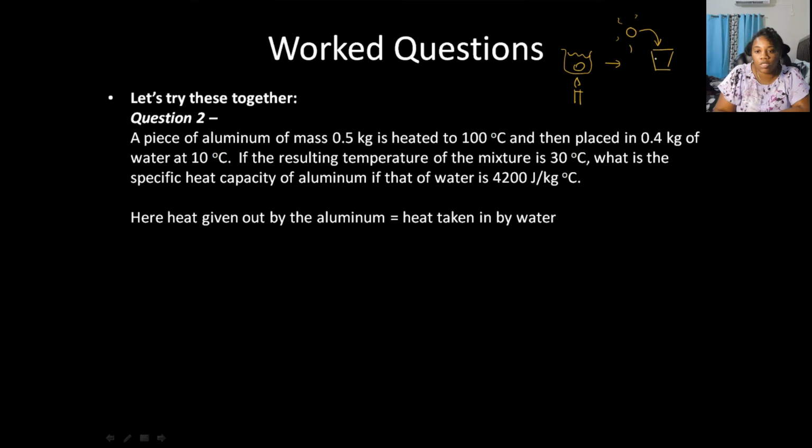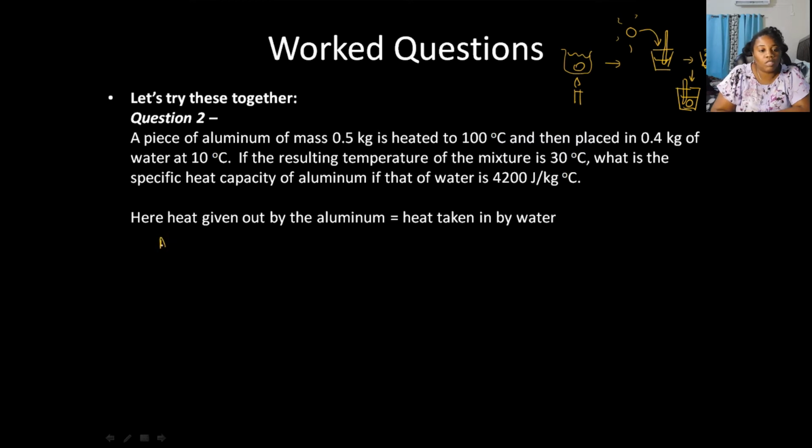The temperature of the water was registered earlier, the initial temperature. When this aluminum is put in here, eventually they're going to equilibrate. They're going to reach some thermal equilibrium, and this will be the final temperature for both the aluminum and the water. That's pretty much what's happening.